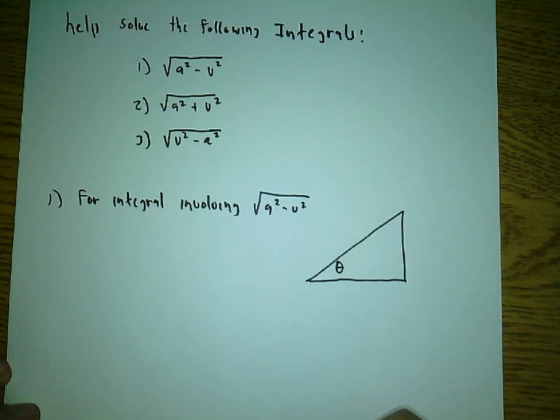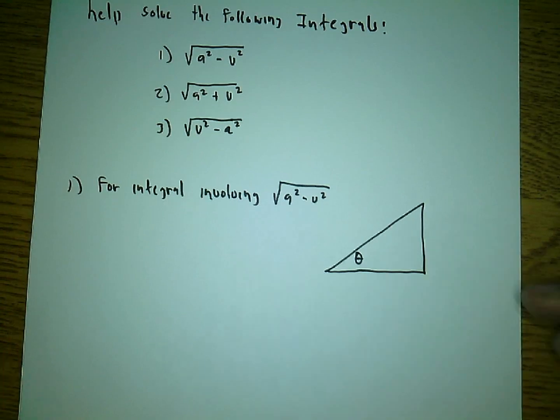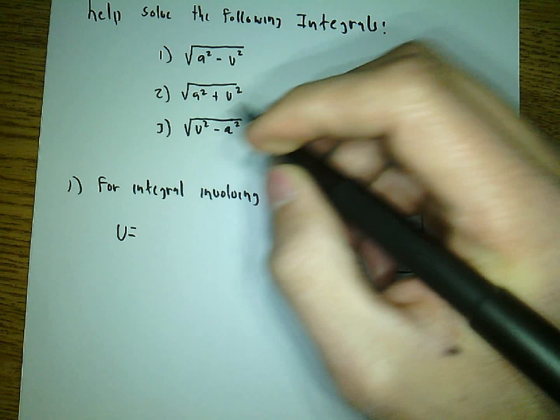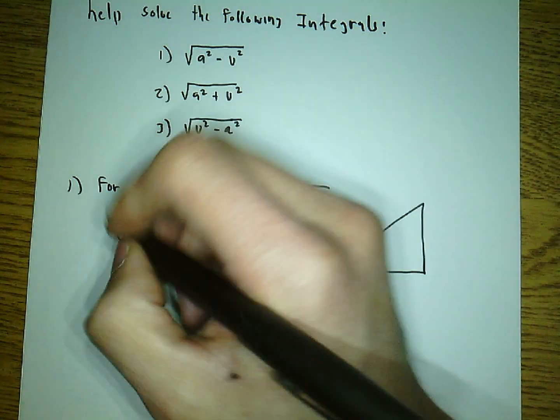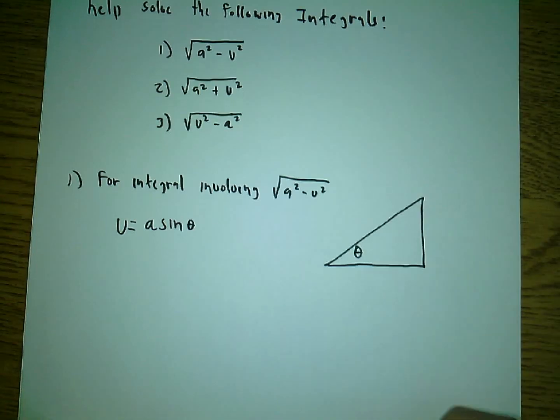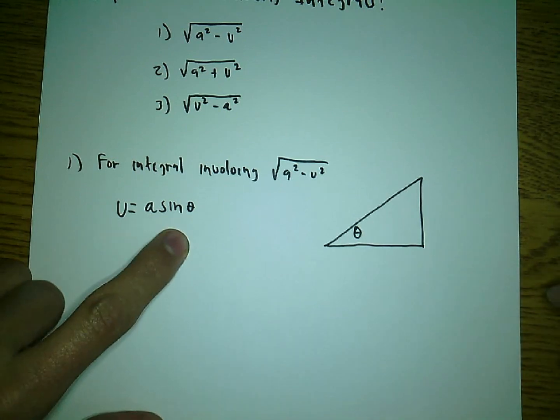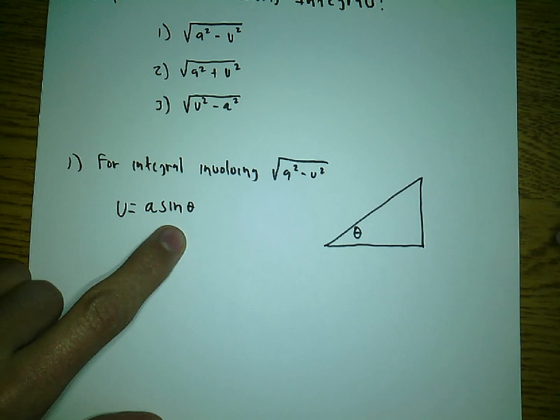You can label it whatever you want, alpha, beta, whatever you want. I'm just going to call it theta. And I'm going to tell you the following so that this will help you. You're going to let u equal a sine of theta. So I want you to think this through. If I'm telling you that u is equal to a sine theta, then what is sine theta equal to?